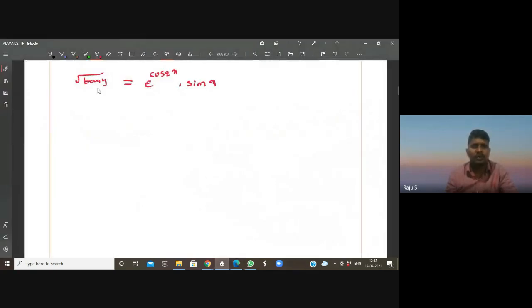Right, root over tan y. So you can square on both sides, you can differentiate, you will get it very easily, but I'll do it without squaring. In this method I'll do, we can do with squaring. Okay, without squaring, since we know that the derivative of root x is 1 by 2 root x.